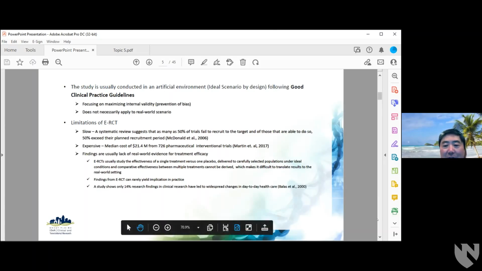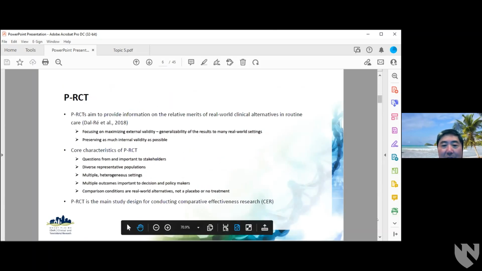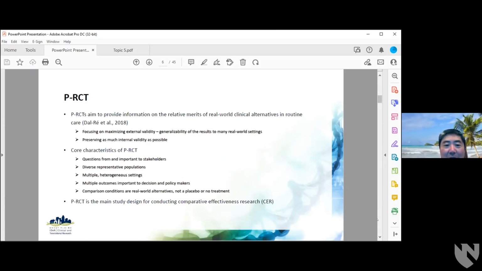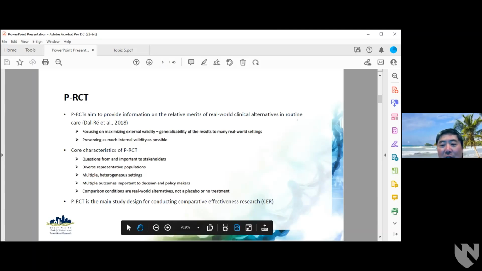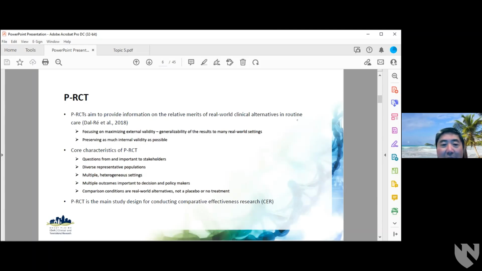So, having said that about the RCT, now let's talk about the PRCT. The PRCT aims to provide information to pragmatic trials on the relative merit of real-world clinical alternatives in routine care. See the keywords, usual care or sometimes routine care, which means the findings from this randomized trial can be immediately reflected in general practice, so people can benefit immediately.